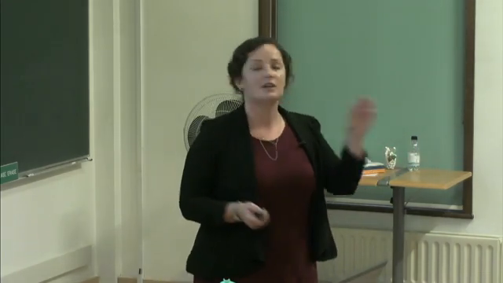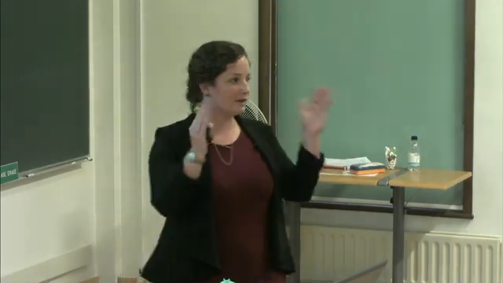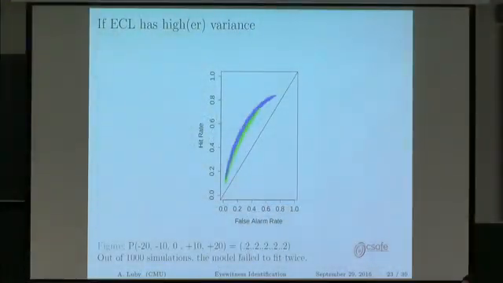What I mean by high variance is that 20% of the time the confidence was 20 points below the observed, 20% of the time it was 10 below the observed, 20% of the time it was the same, 20% of the time it was 10 higher than the observed, and 20% of the time it was 20 higher than the observed. So equal chance of being over a larger window.